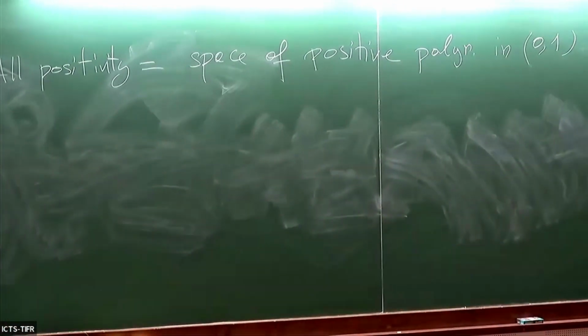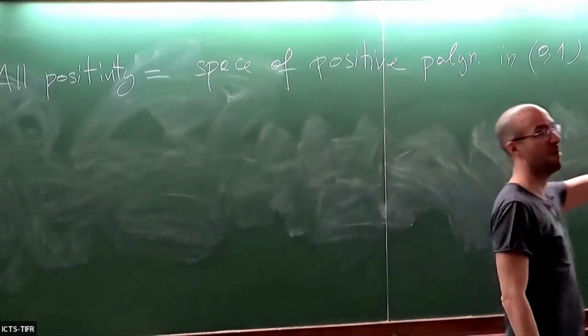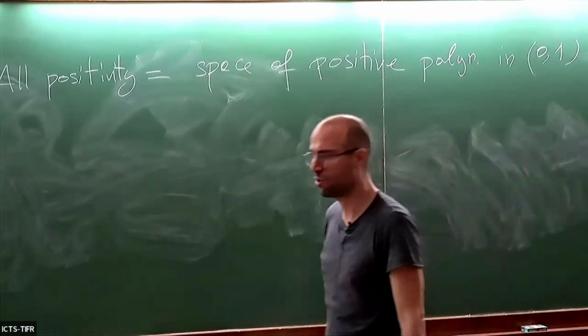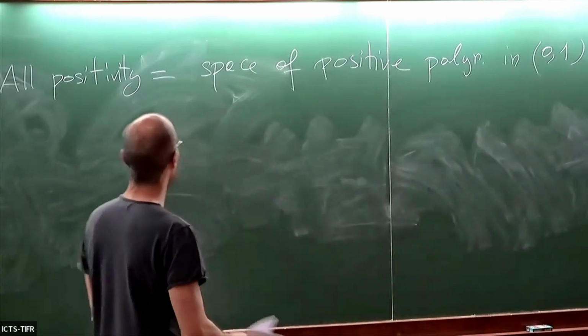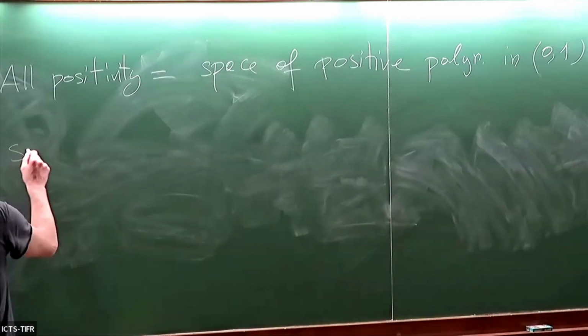Now there's a bit of mathematics which actually solves this problem, characterizing the space of positive polynomials on an algebraic set like this one. There's a general theorem called the sum of squares theorem.